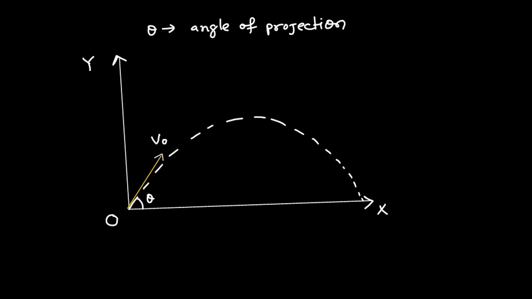Well, this velocity will have two components, and here one component is V cos theta, or sorry, we can say V naught cos theta, because initial velocity is V naught, and the vertical component is V naught sin theta.